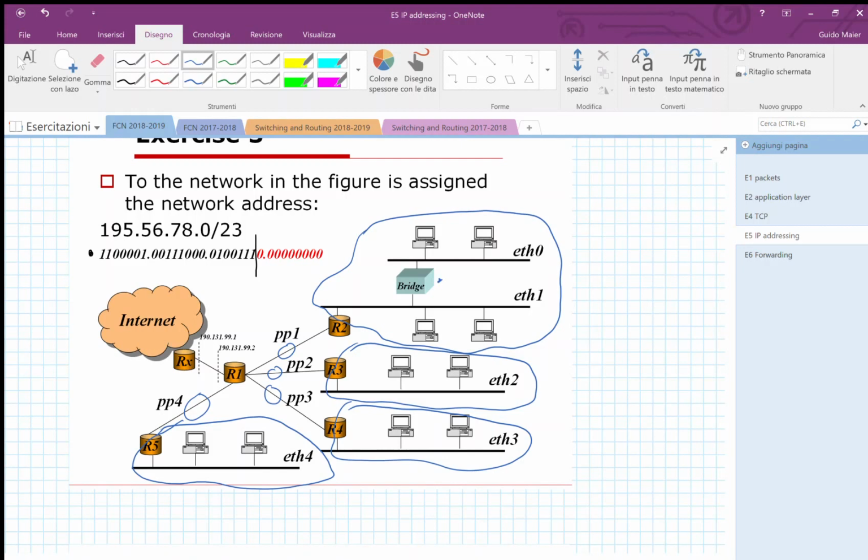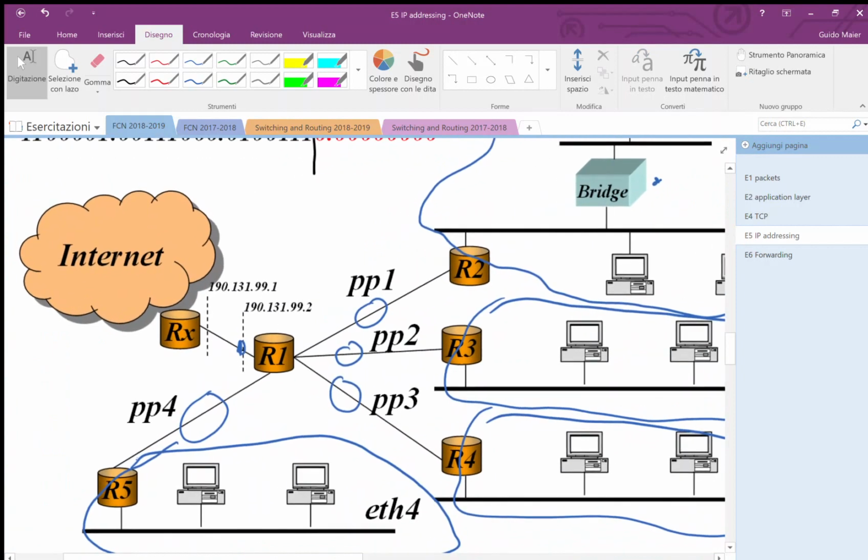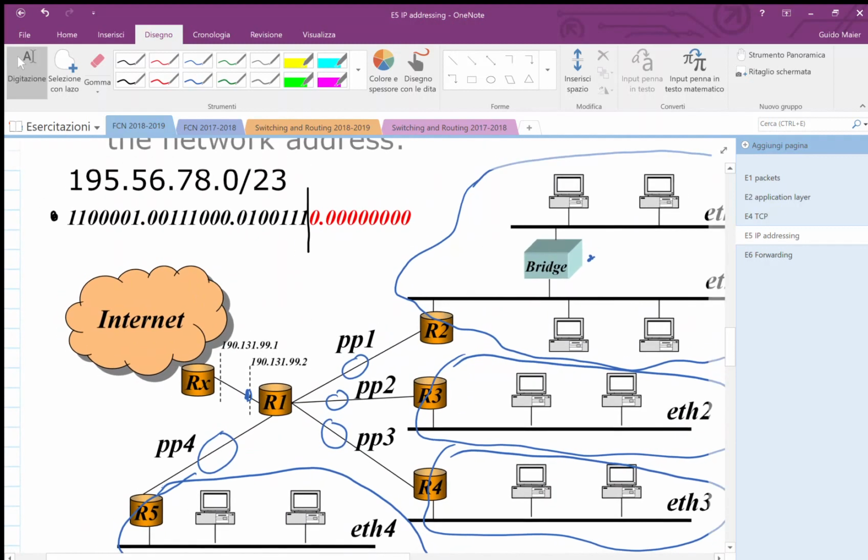All the network is connected to the rest of the internet by this interface of router 1. And you can notice that the address of this interface, 190.131.99.2, does not belong to the block of addresses of the network. Okay, it's external.